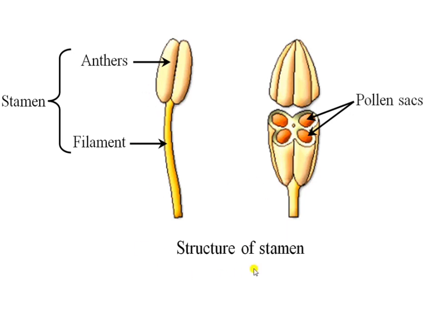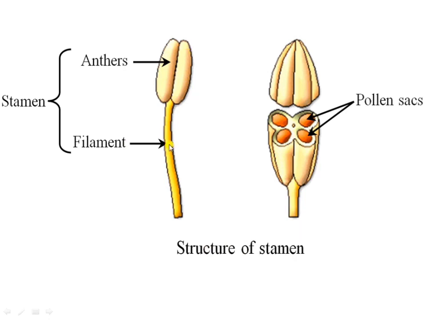Next is the structure of the stamen. The stamen is the male reproductive part of a flower. Each stamen has 2 parts: first is the anther, second is the filament. This bilobed structure is the anther and this stalk is the filament. The filament is a long, slender part that carries the anther on the top.